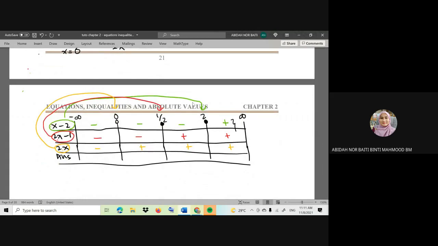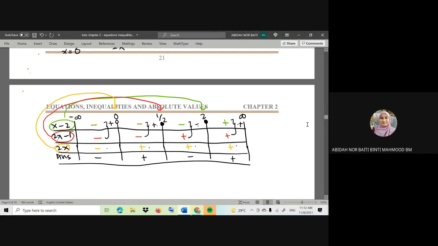Positive times positive is positive. Negative positive is negative. Negative negative positive. Positive negative. Positive positive is positive. Positive negative is negative.